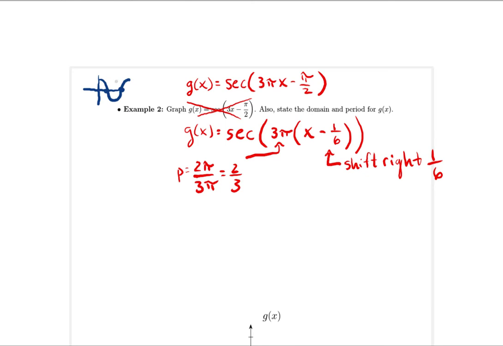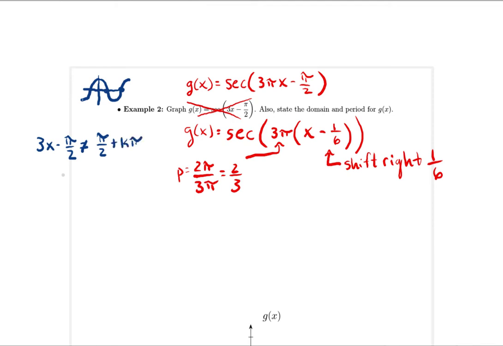Then another pi would give you another 0. If you subtracted pi, that would give you another 0. And so what we have here is that argument, 3x minus pi over 2 is not equal to pi over 2 plus multiples of pi.